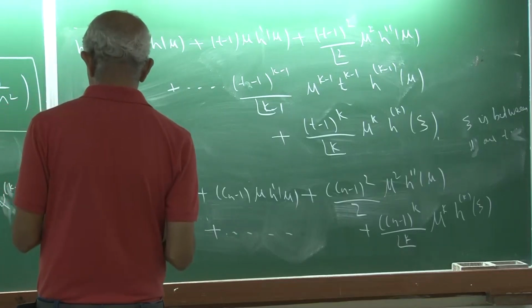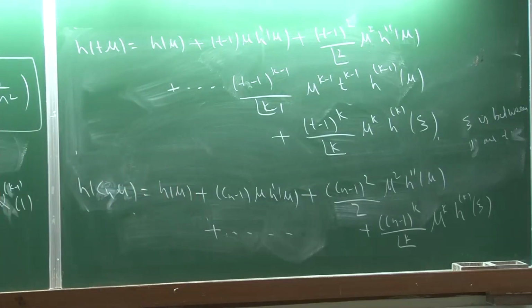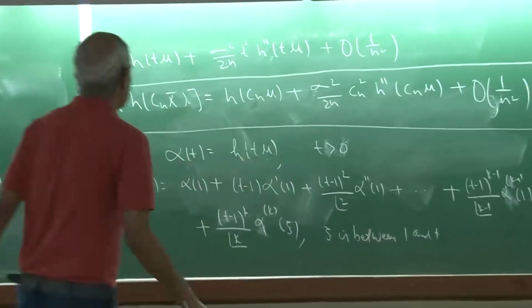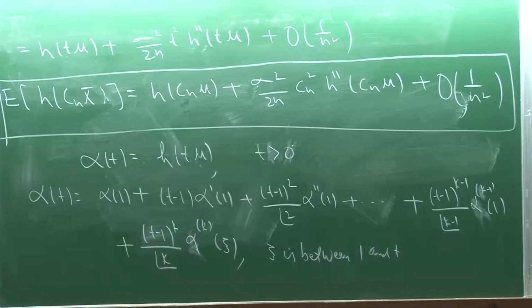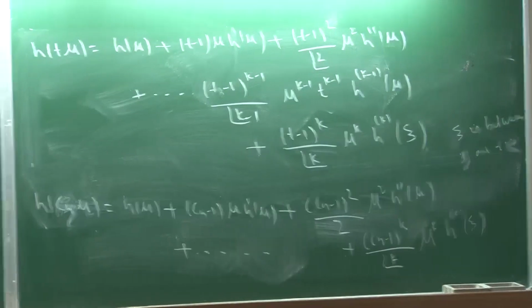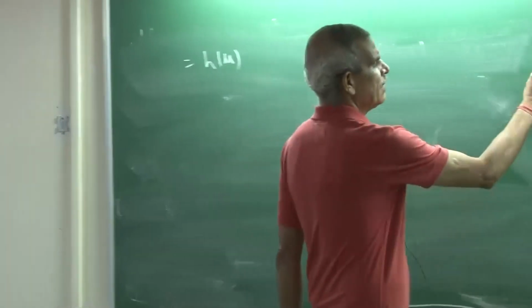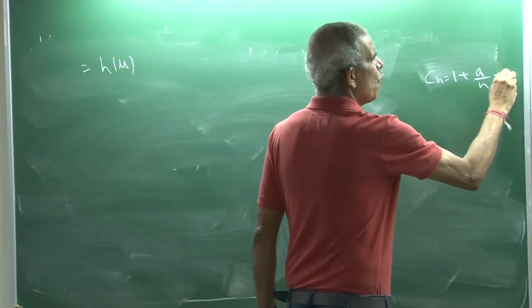So what do you get from here? This would be the same as h of mu. I am trying to get the order of h of Cn mu. Now note that my Cn was 1 plus a by n plus O 1 by n square.